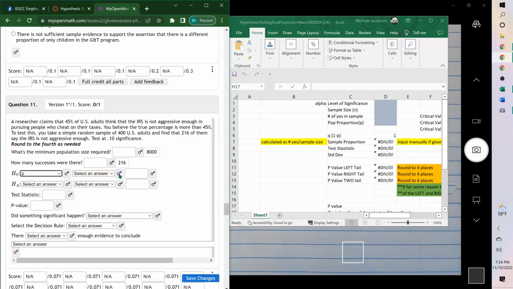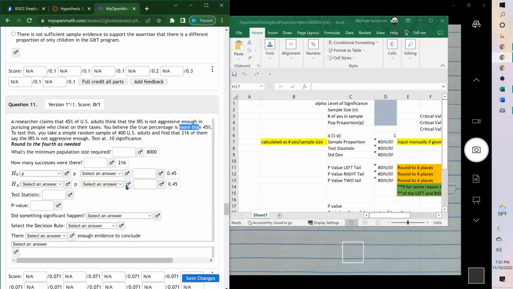And then we're testing more right here. So the alternative, this is P. The alternative, these will both be 0.45.